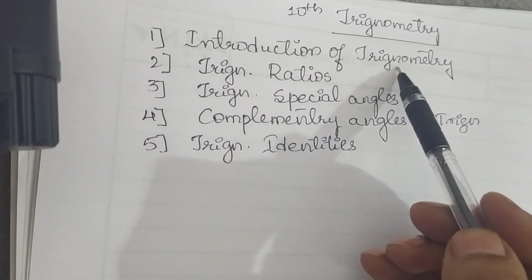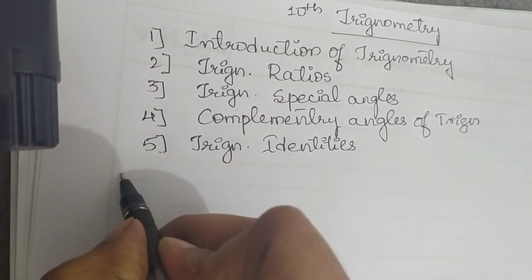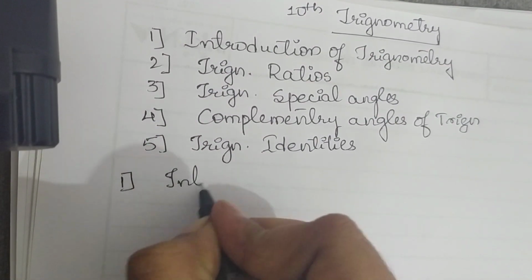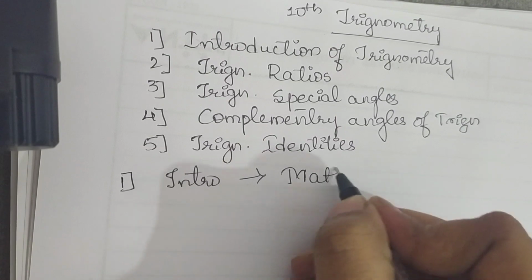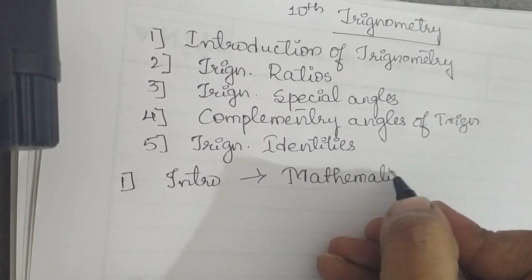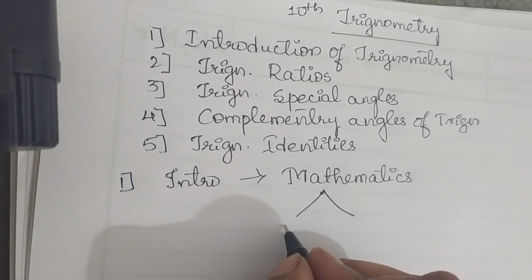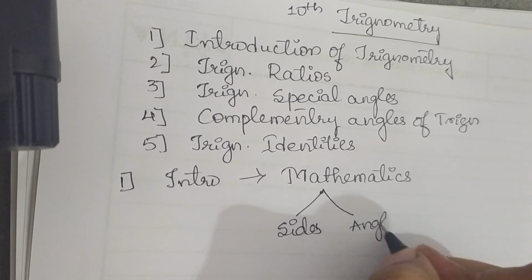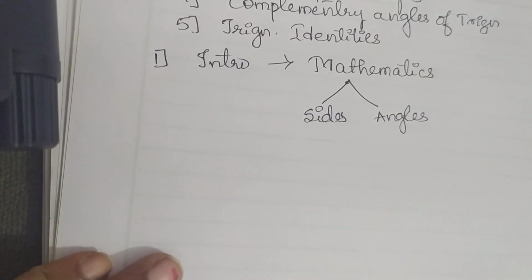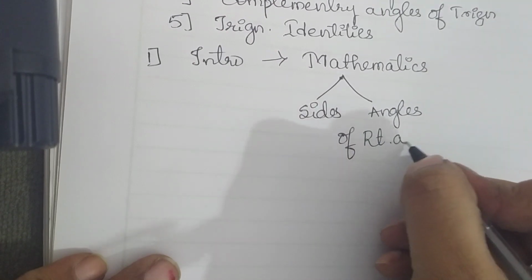First is introduction of trigonometry. What comes under the introduction of trigonometry? Trigonometry is a branch of mathematics. It deals with the sides and angles of a right angled triangle.